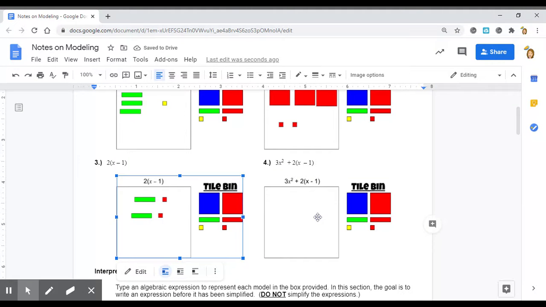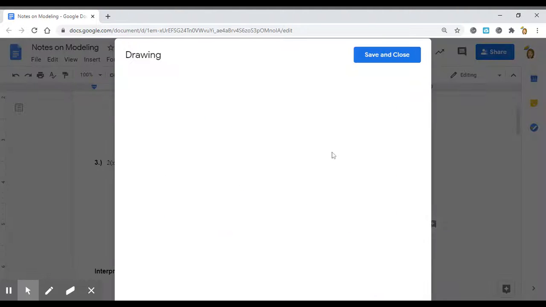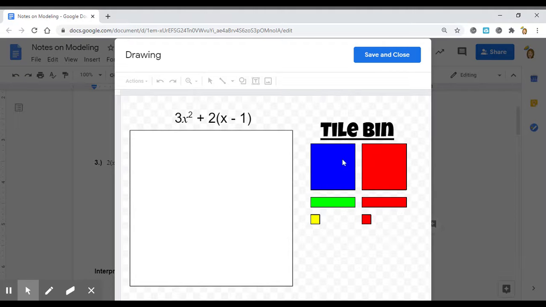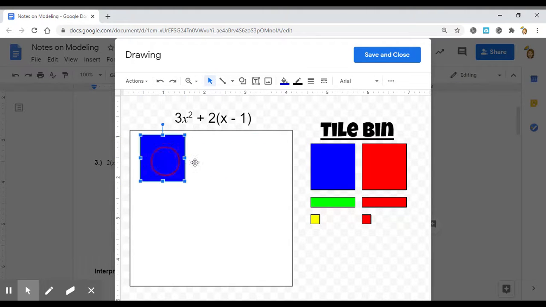For the last one that we want to model, we've got 3x squared plus, and then it has 2 times the difference of x minus 1, or 2 groups of x minus 1. So the first thing to see is 3x squared. That's easy. Get the big blue positive x squared. I need 3 of them.